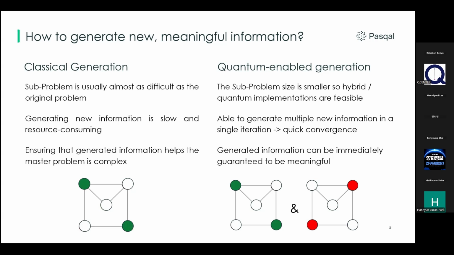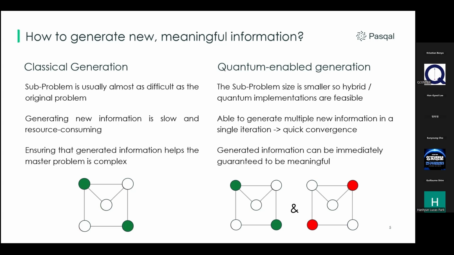Herein lies the potential of incorporating a quantum component instead of relying on classical generation of these independent sets in this new information for the master problem, which is typically limited in what type of scenario it can propose. The main advantage for a quantum-based implementation is that naturally, it can propose multiple good scenarios, since quantum information itself has a probabilistic notion associated to it.